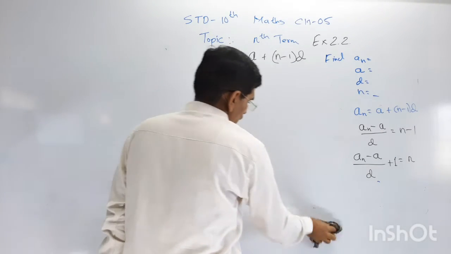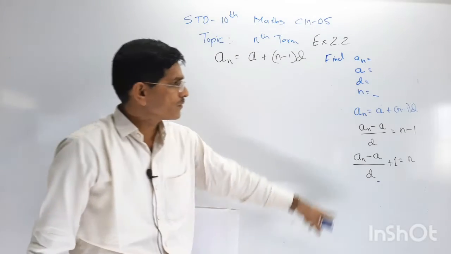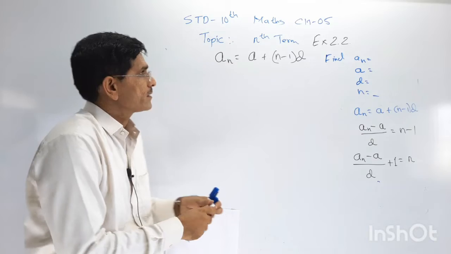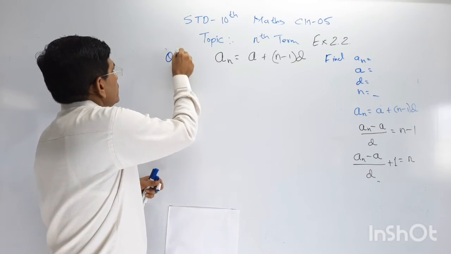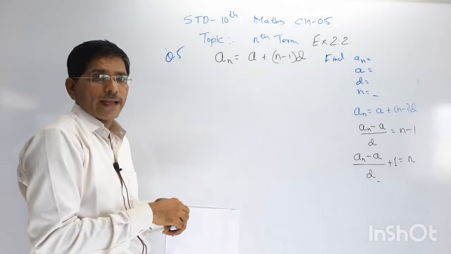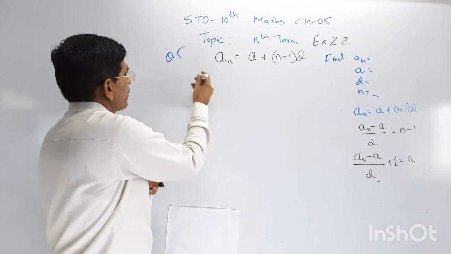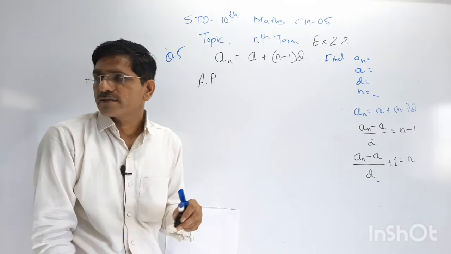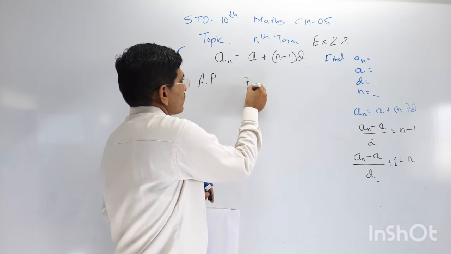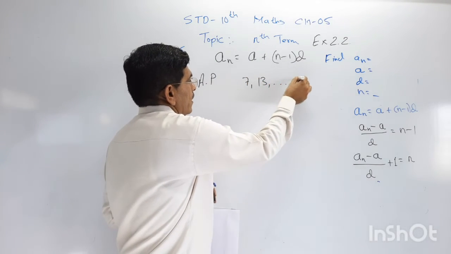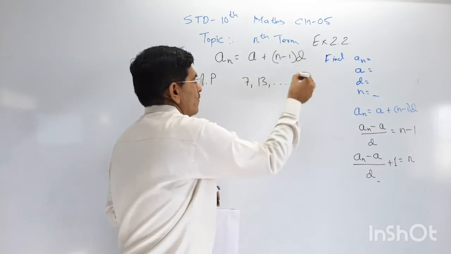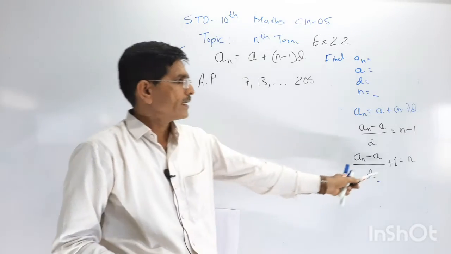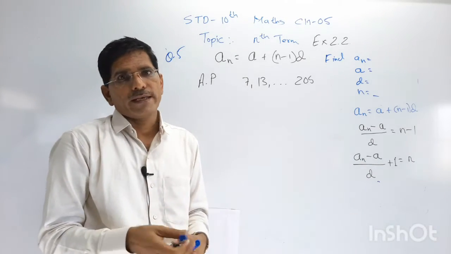We can directly use the formula to find n. Find the nth term if the AP is given, that is 7, 13 up to 205. So the last term is 205. Now we can directly apply it here and get the answer.